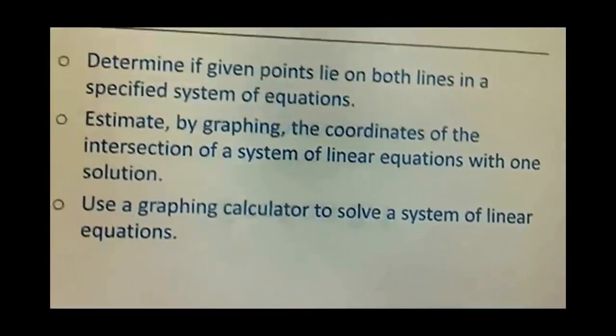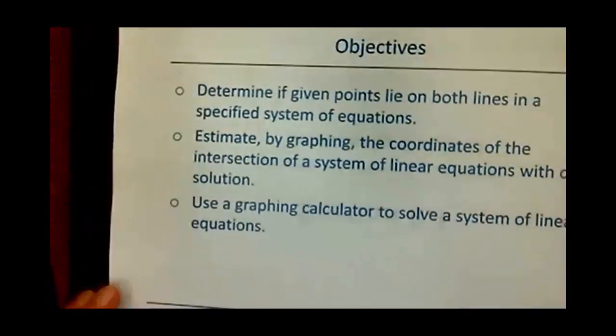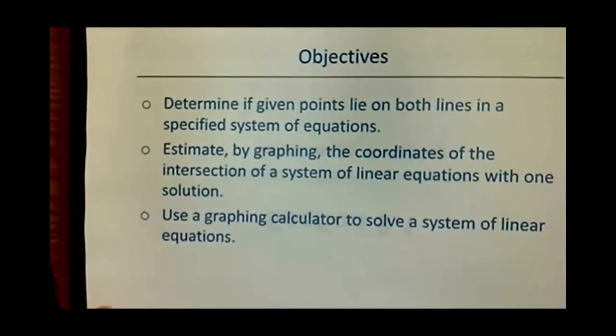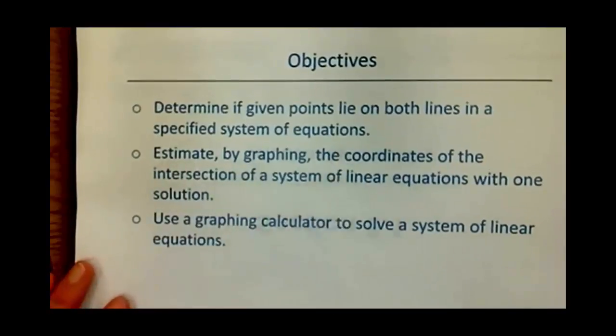And so our objectives in here are to determine if the given points lie on both lines in a specific system of equations. And a system of equations is two equations that cross each other, or don't cross each other and end up being parallel, or they are on top of each other and are identical.